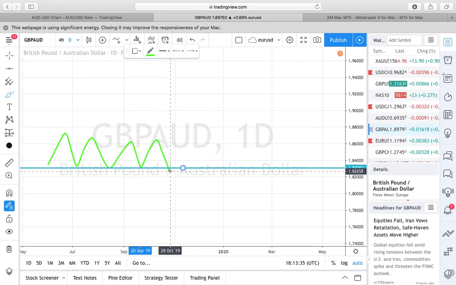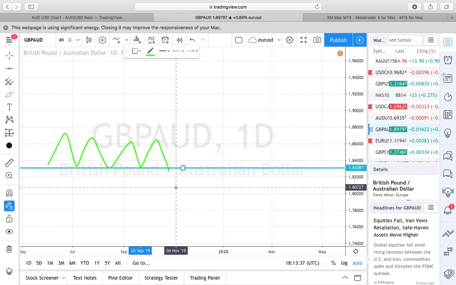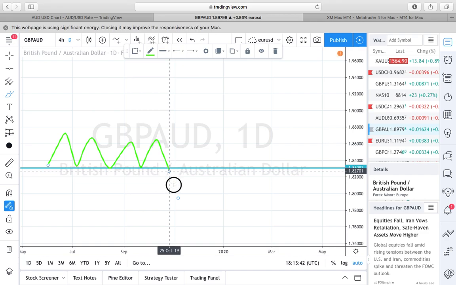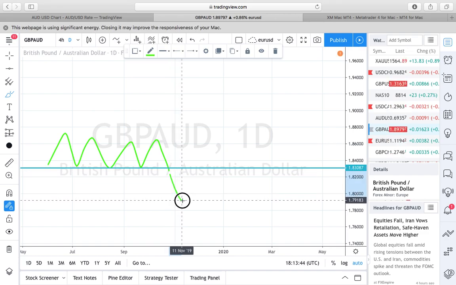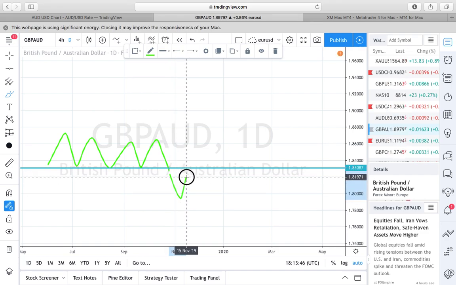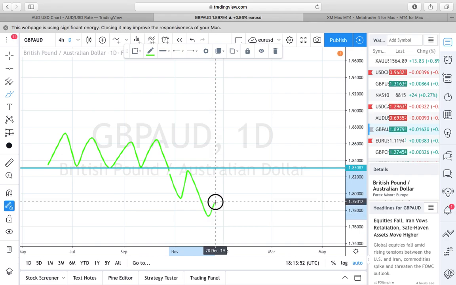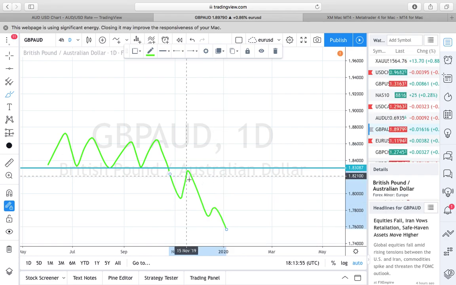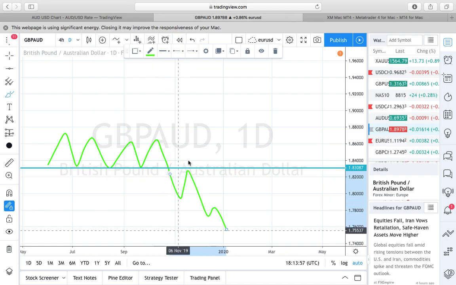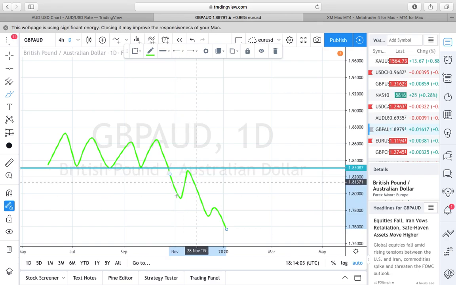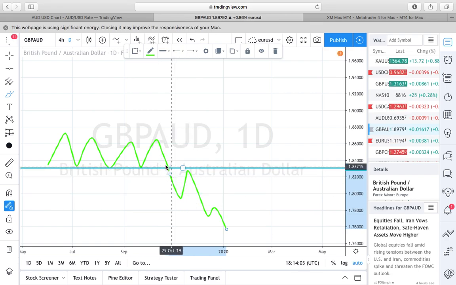So now if the market goes and decides to break this level, right? Like I said, what happens most of the time? 90% of the time a retest will come through and then the market will continue with its initial downward trend, right? Because market structure has been broken to the downside, right? So this will be your break of structure. This level here will be your break of structure.